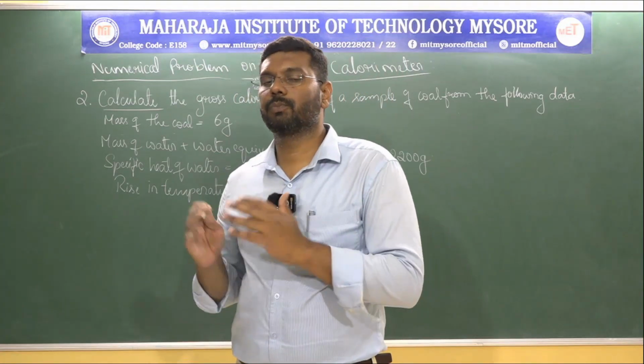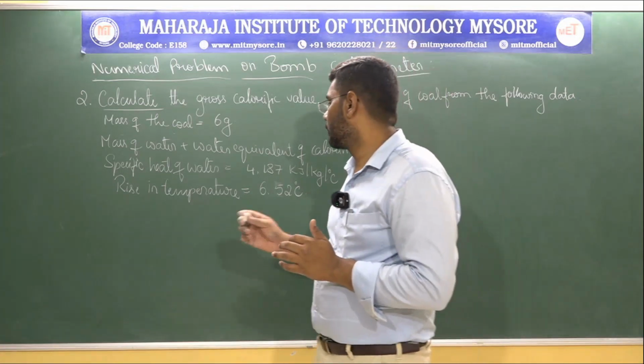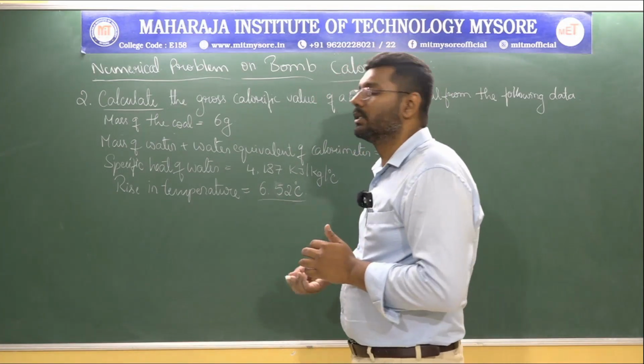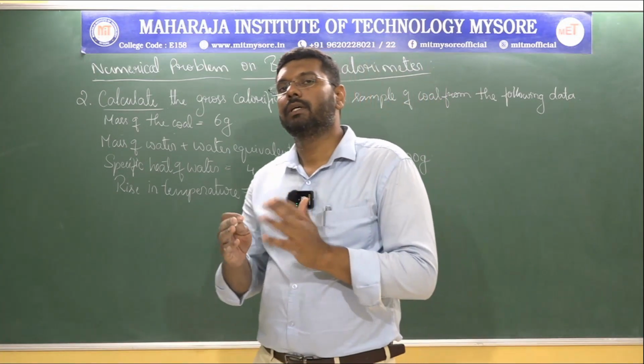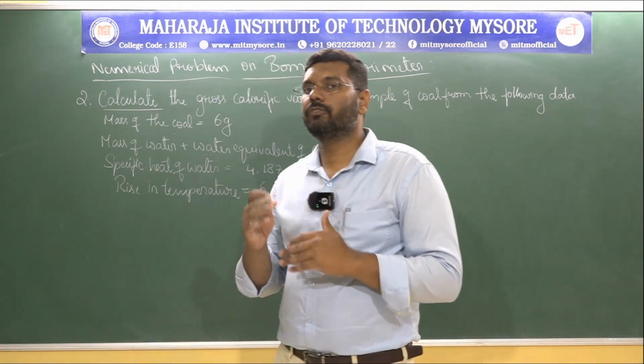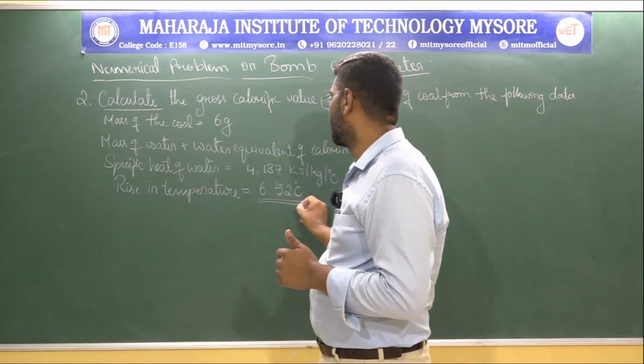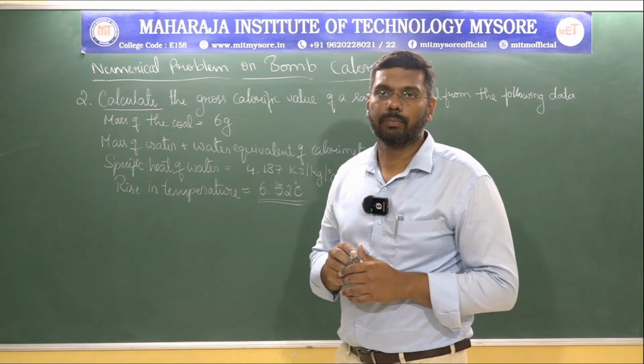You are not supposed to get confused. Rise in temperature means the final temperature is already subtracted from the initial temperature, and that difference has been directly given in this numerical problem.